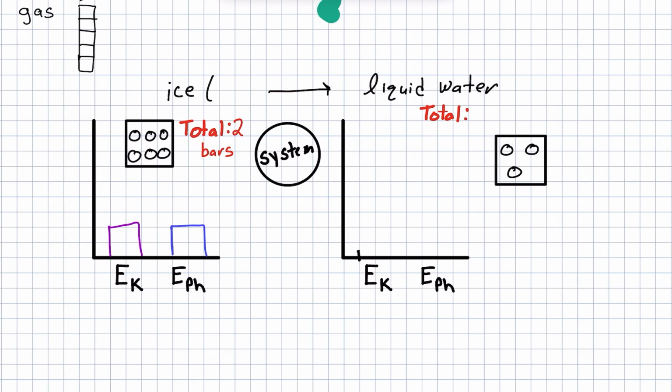So ice is at -4 degrees Celsius, just for reference. And let's say liquid water is at 25 degrees Celsius is what I'm representing. And so here, my kinetic energy is going to increase because I went from -4 degrees to 25 degrees.